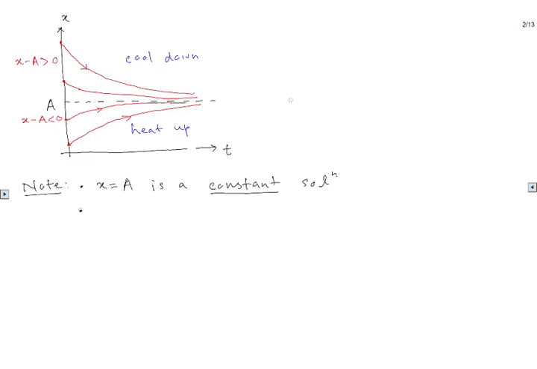So this is called an equilibrium, or sometimes we call it stable because it doesn't change. These are what we call equilibrium or stable solutions.